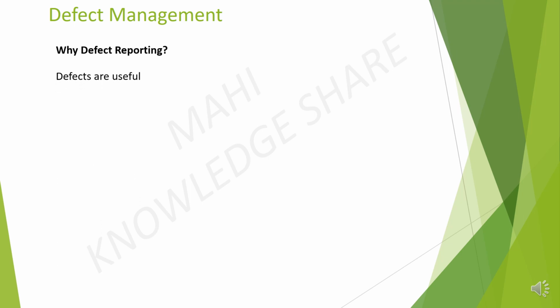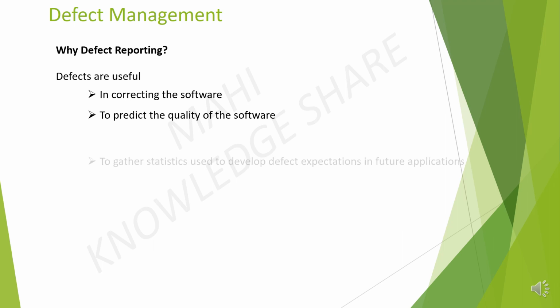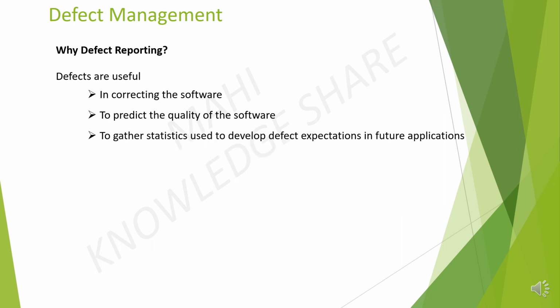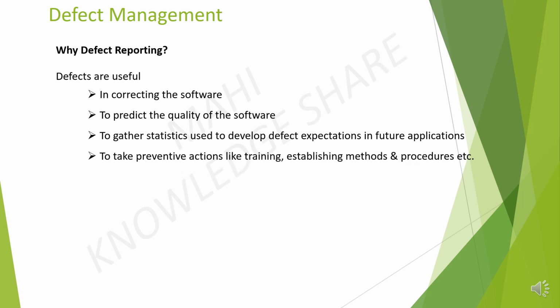Defects are useful in correcting the software, in predicting the quality of the software, to gather statistics used to develop defect expectations in future applications, to take preventive actions like training, establishing methods and procedures, etc., and to improve the software development process.